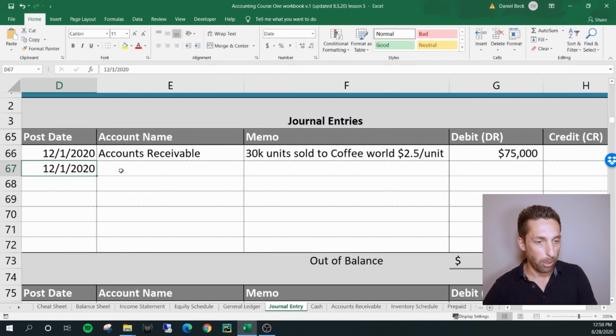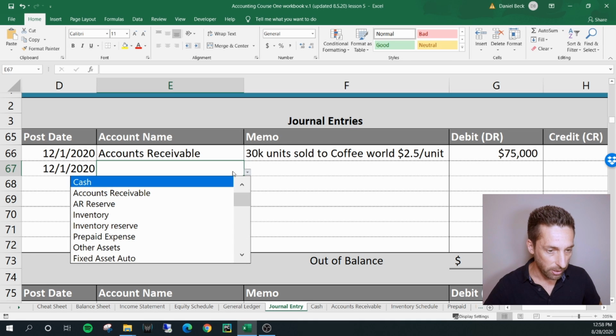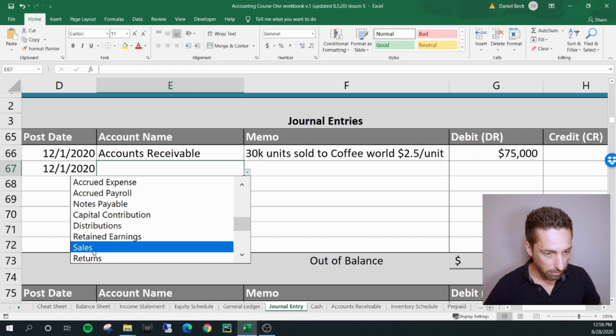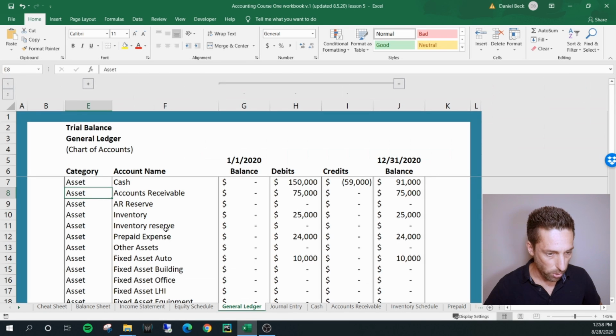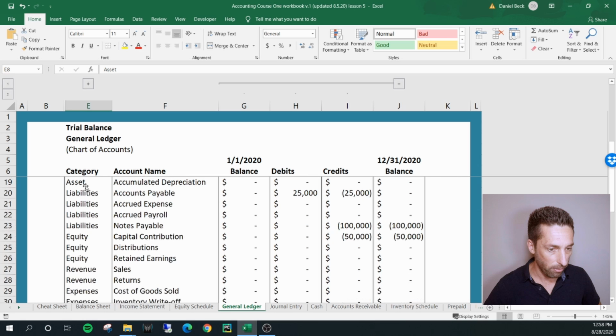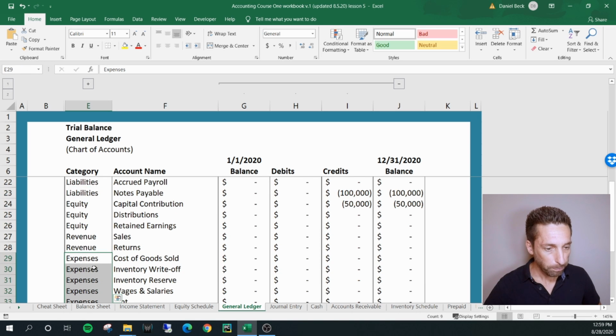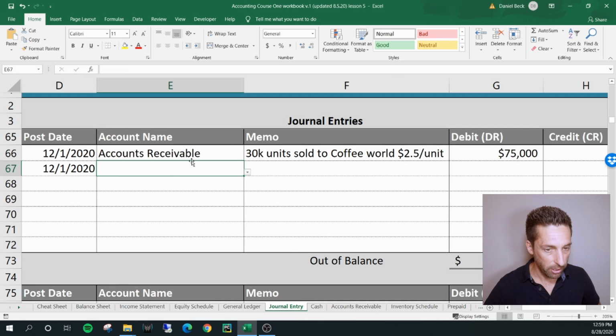I'll put in the same post date, and the account I'll select is sales. I set up sales, and we can look at the general ledger the way I have this set up. We have our assets, our liabilities, our equity, and our revenue accounts. Really, it's just sales and returns. We're dealing with sales, so it's going to be sales. Then I have a bunch of expense accounts. So let's go back. We're going to use the sales account.